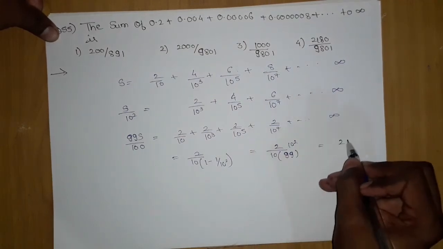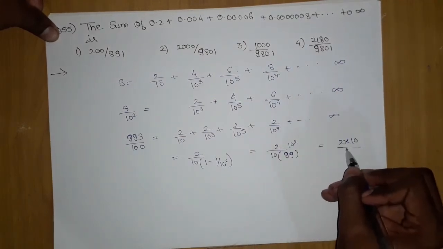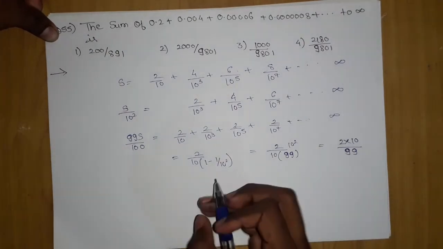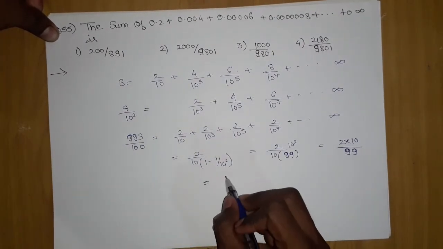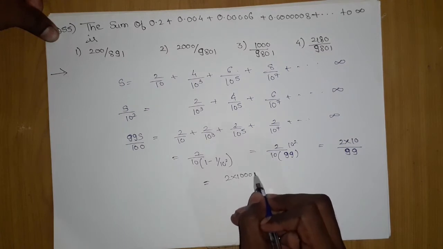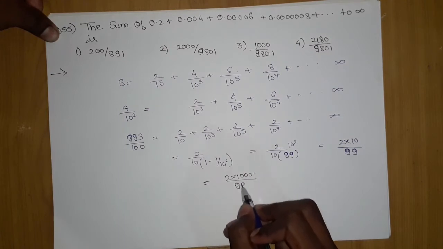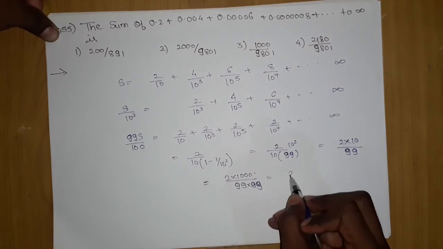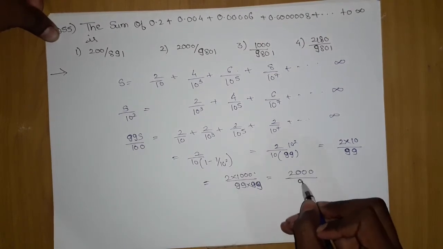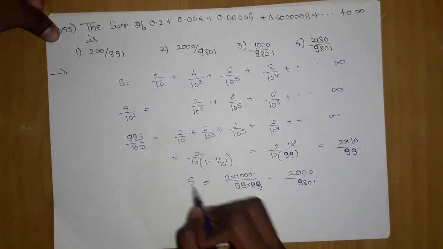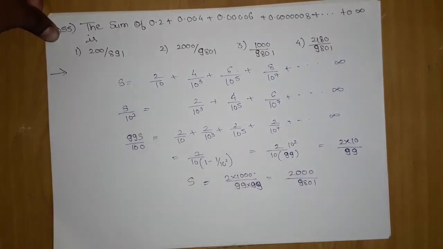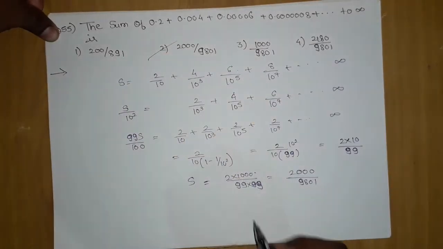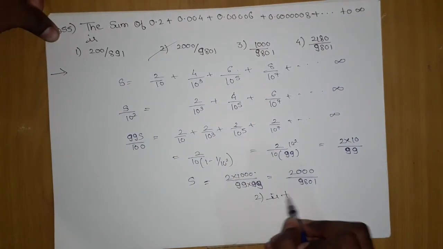This 10 will cancel, 2 into 10 upon 99. Moving this to that side, 2 into 1000 upon 99 into 99, which will be 2000 upon 9801. So this gives our s. So 2 is the answer.